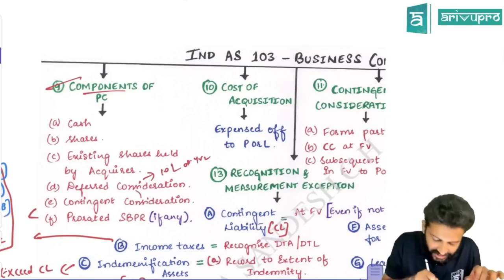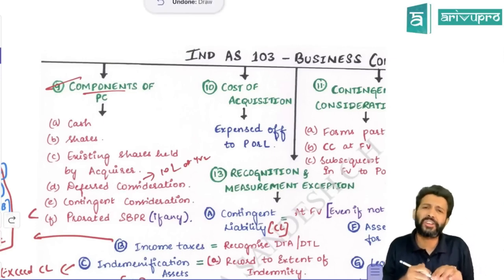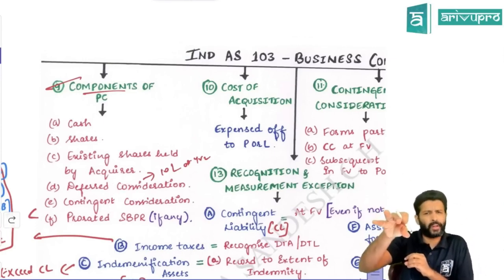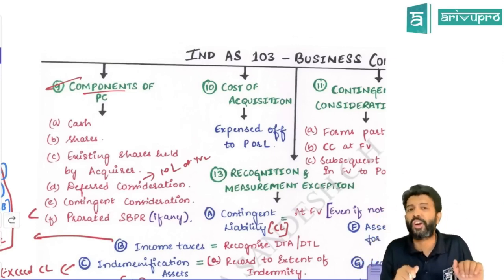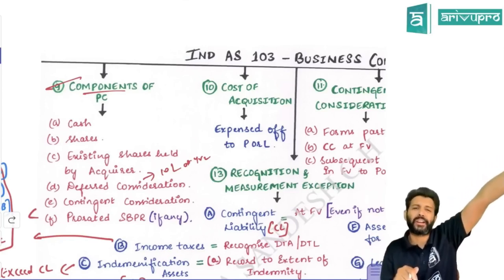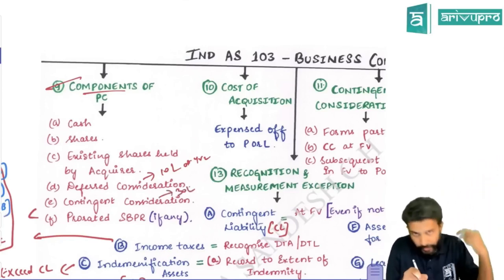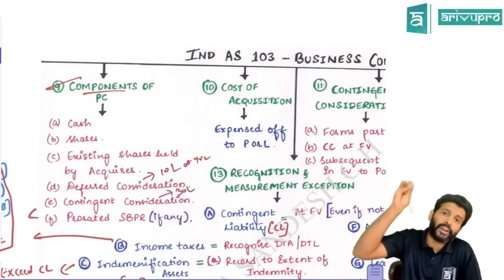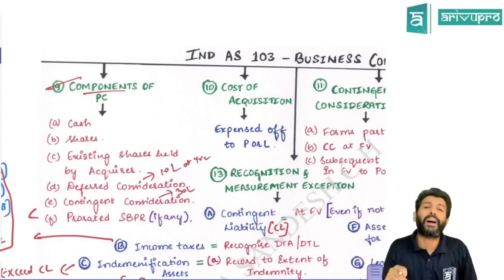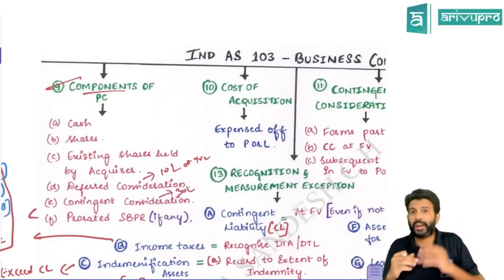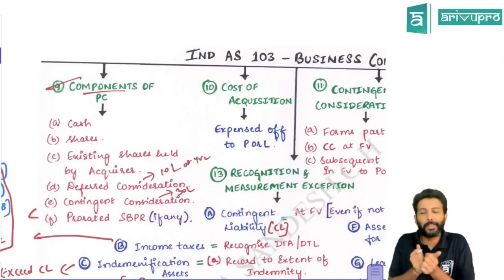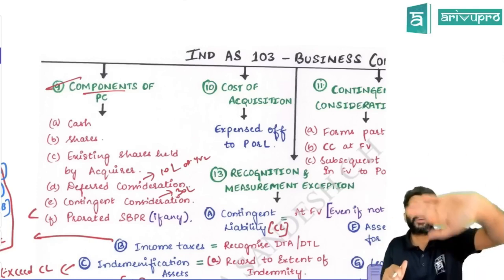Next is contingent consideration. Contingent consideration means you are giving another PC. But whether you will give this PC or not is dependent on another contingent event. Like parent company may say, I will give you another 30 lakh rupees as PC, other than the normal PC, provided market price of the share increases after my acquisition by 30%. After the parent gets control, market price should increase by 30%.